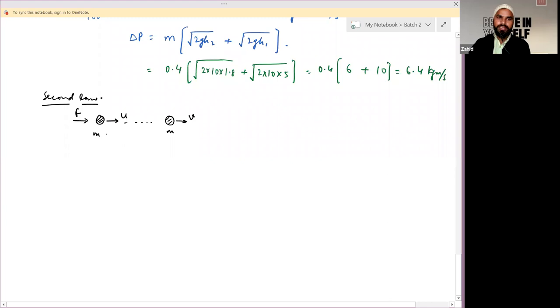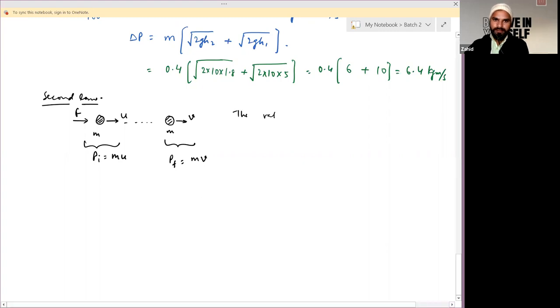Initially, it was moving with some velocity u, so it will have some initial momentum. On applying this force, since velocity of the body will change, it will have momentum m times v. So this change in momentum would be caused by this external force. So we can say the rate of change in linear momentum is directly proportional to the applied external force. Is it clear?